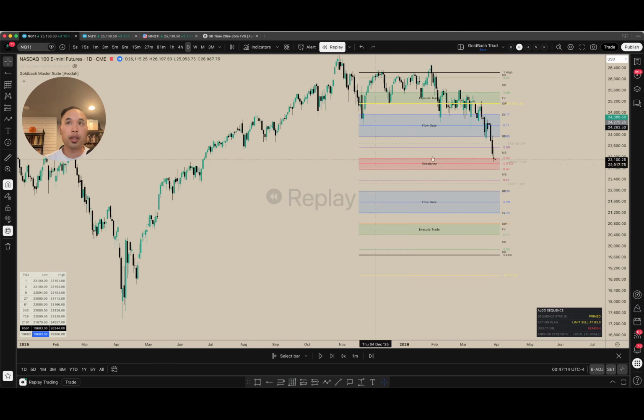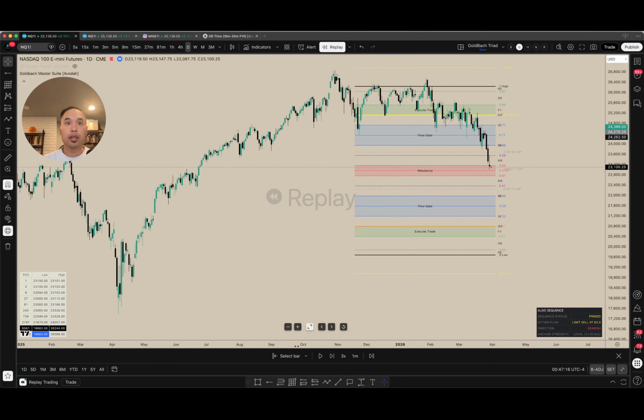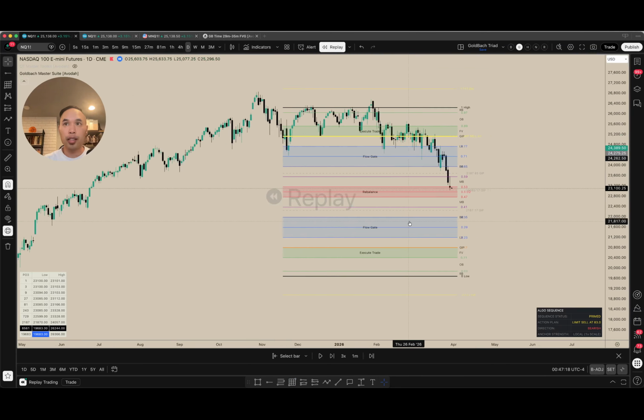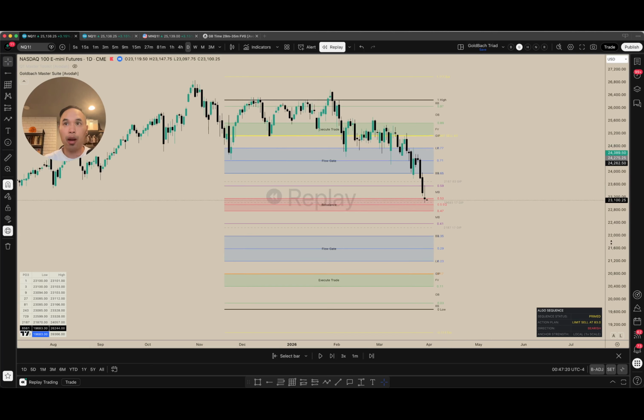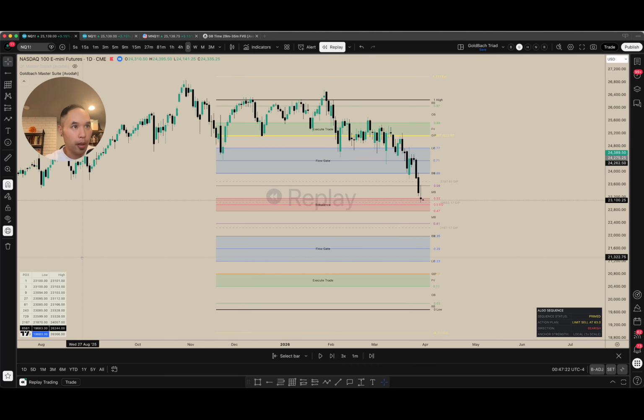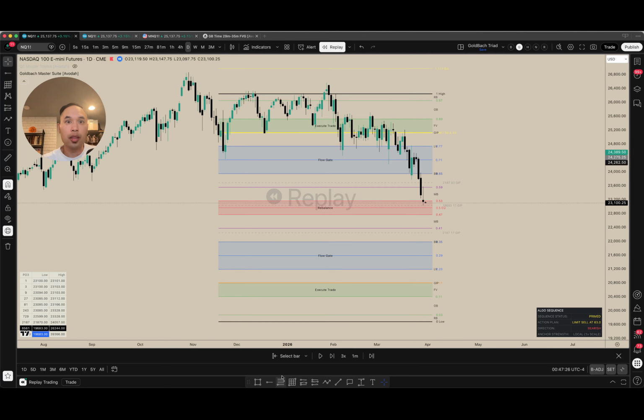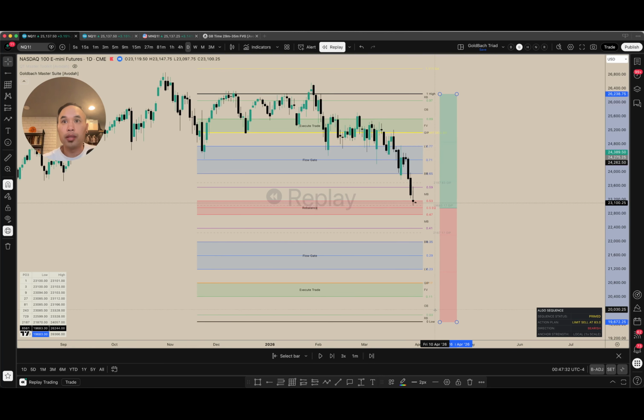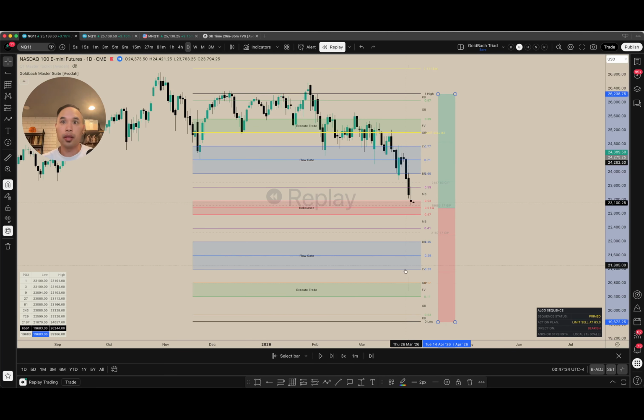But what we're looking at is a PO3 price range, a power of three, Goldbach price range based on these numbers. And within the range, the Goldbach numbers are partitioned off into discount numbers and premium numbers.